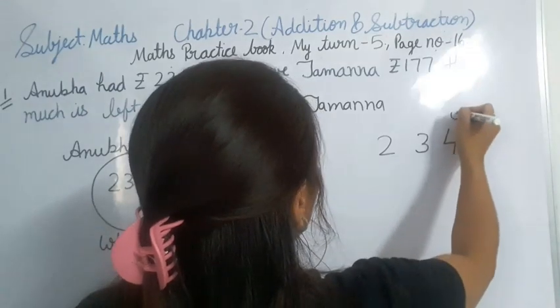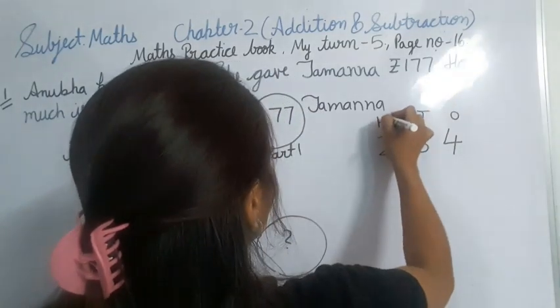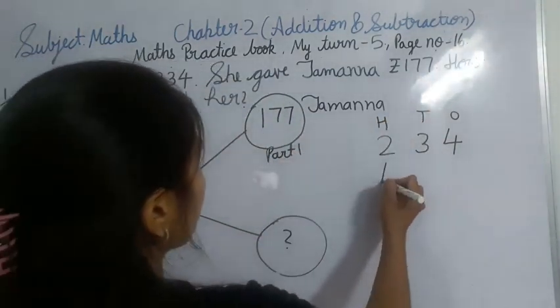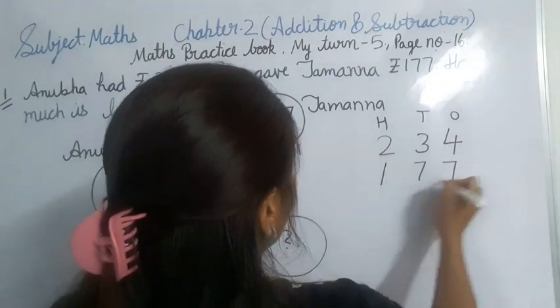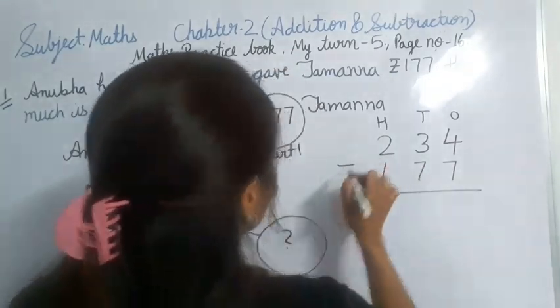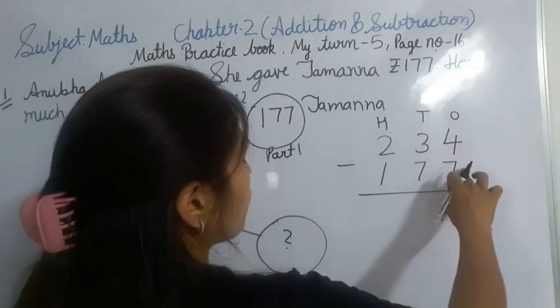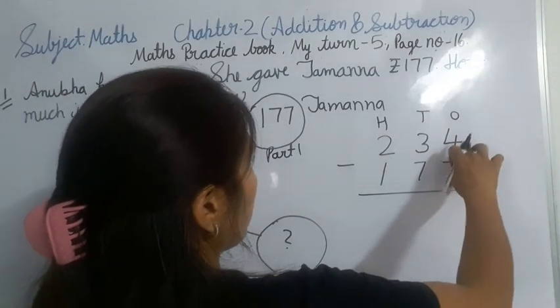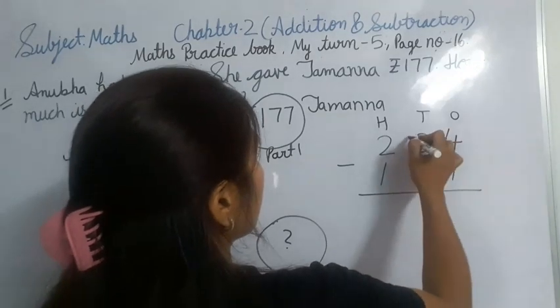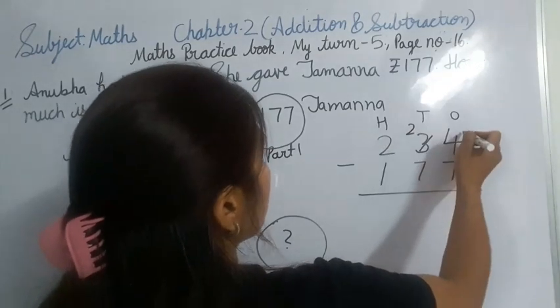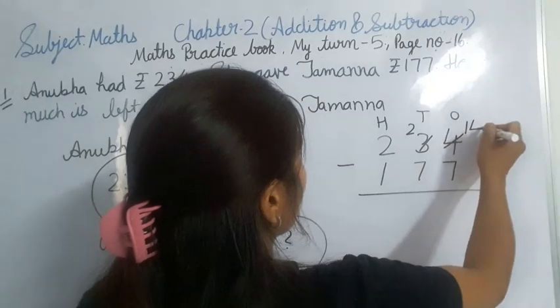234 in ones, tens, hundreds. And she gave Tamanna 177. So let's do subtraction. We cannot remove 7 from 4, so take a ten from here. Here we are left with 2, and in place of 4 we now have 14.